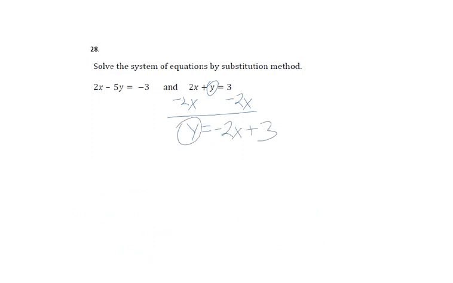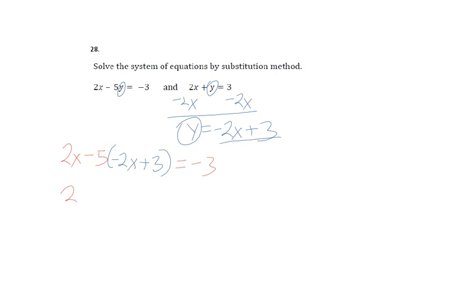Well, this y that I have here and this y in the first equation are the same y, so I can make a change. It goes 2x minus 5, but instead of writing y, I will write this entire equation. Still equal to negative 3.